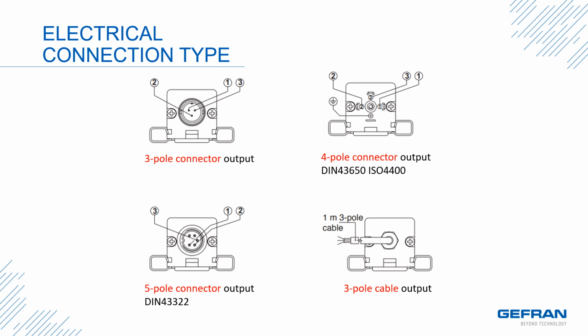Common electrical connection types include 3, 4, and 5-pole connectors and 3-pole cable outputs. Since potentiometric linear sensors are 3-wire sensors, the 4 and 5-pole connector outputs will only use 3 of the pins. Available connectors and pin assignments are all clearly defined in the data sheets for each individual sensor.